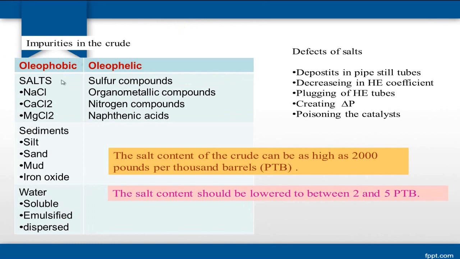Students may wonder why crude oil is required to remove salt. In general, we classify the impurities in crude oil into two groups. The first one is things that are insoluble in oil, or what we call oleophobics.